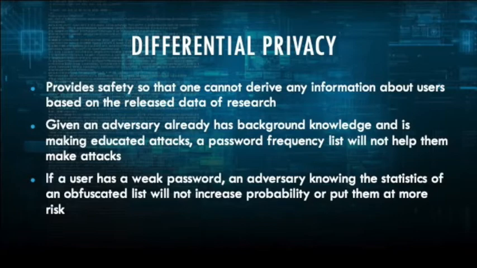If the adversary already has background knowledge and is making educated attacks, a password frequency list will not help them make attacks using this method. Additionally, if a user has a weak password, the adversary, knowing the statistics of an obfuscated list, will also not be able to increase their probability or put the weak user at risk.